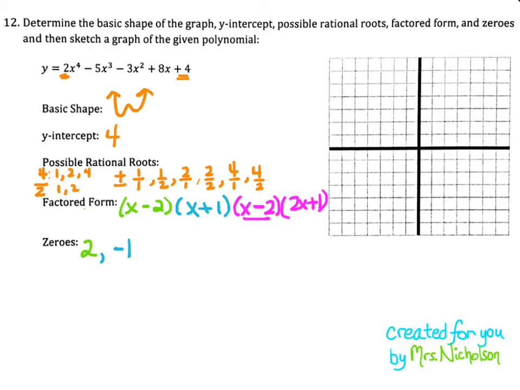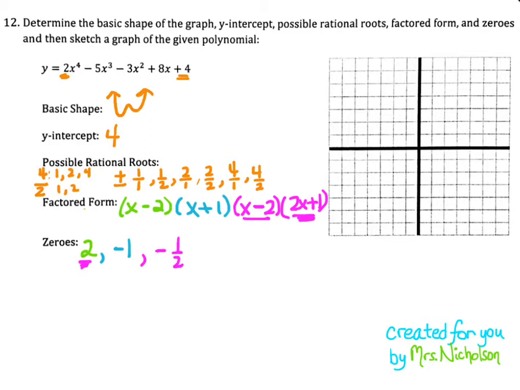If I look at x minus 2, that 0 is positive 2, which we already have listed. So that means that positive 2 is going to be a double root. And then if I consider 2x plus 1, the 0 that comes from that factor would be negative 1/2.